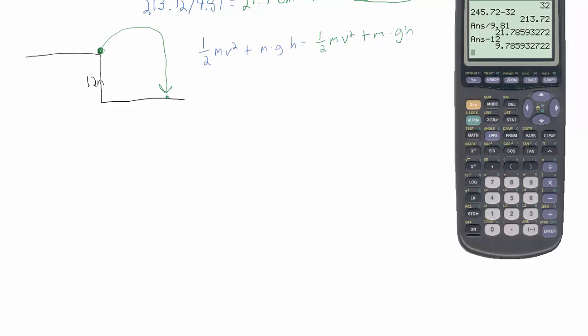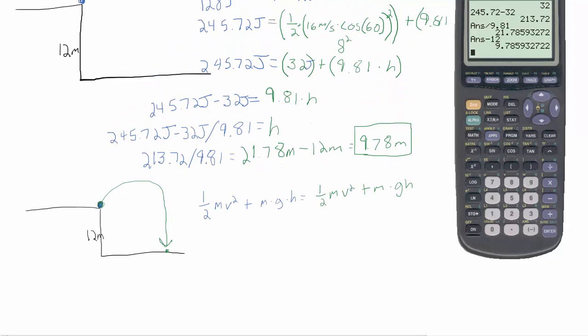Alright, now up here we've already solved this part because it's the same as what we had before, and so we know that this side is going to equal 245.72 joules. And we also know that we can divide mass out of this because we still don't have the mass.